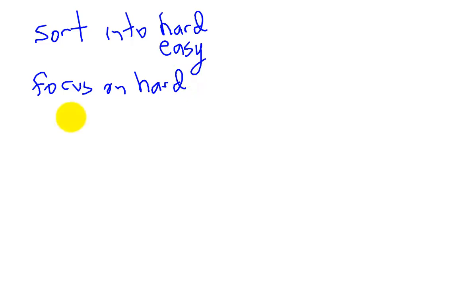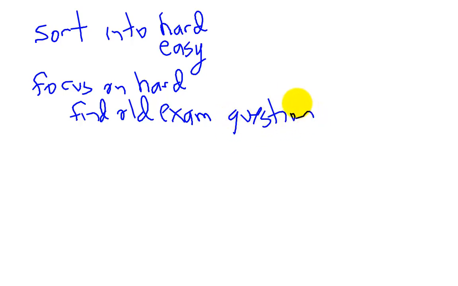What I want you to do is find old exam questions and do them without looking at the answer. This is the key part. It'll poison you. Download the answers if you want and print them all out. You won't find the answer there. But if you look at the answer, you're going to be poisoned, because you'll go, that's easy. So, without looking at the answer.